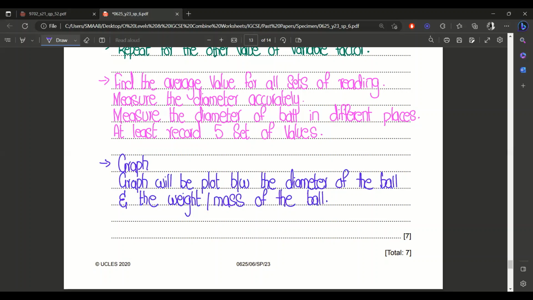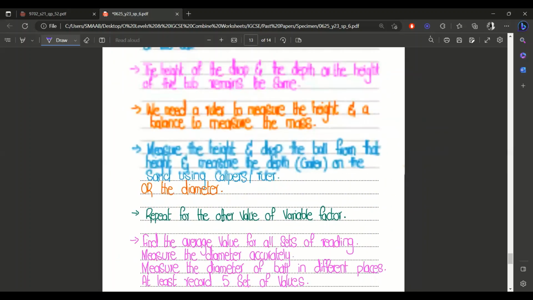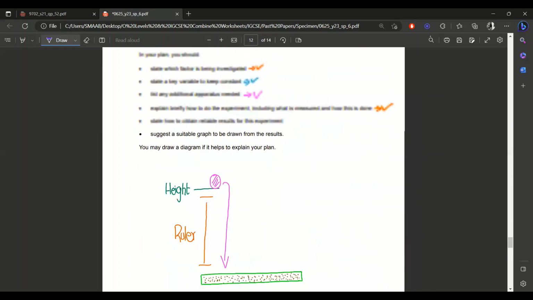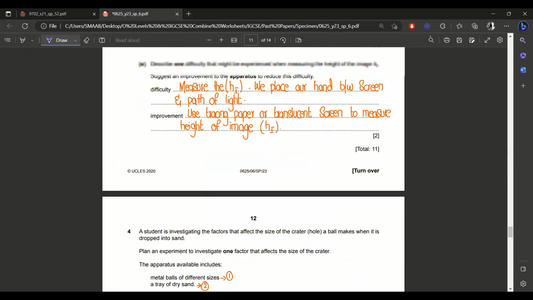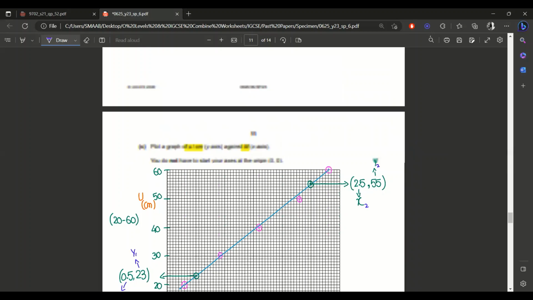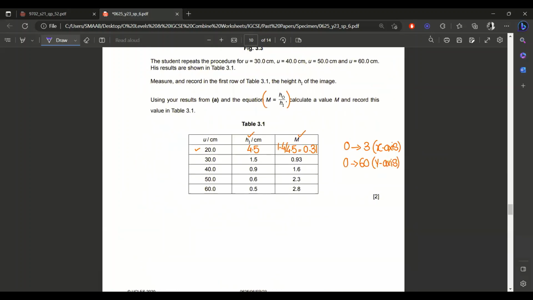Yes. So that is the end of this paper number 6. I hope you will find it not much difficult as compared to the other paper. And if you solve the other paper 6 of bio and chemistry, I think this will be easy as compared to the other, right? Yes, this was the easiest, because we already have the formula and everything mentioned in the question.